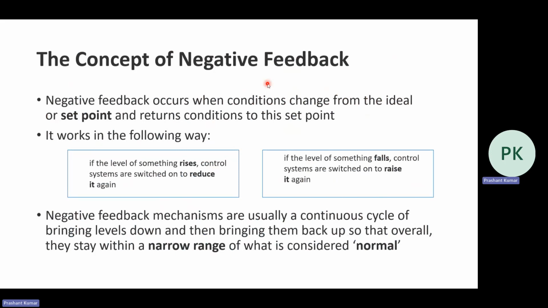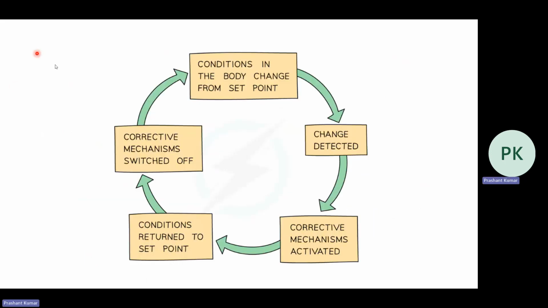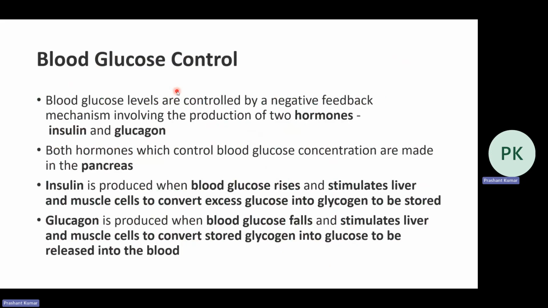Negative feedback mechanisms are usually a continuous and conditional cycle, which brings down and brings up so that overall they stay in a defined range. So like this, a condition in the body changes from the set value. The hypothalamus detects the change and the corrective mechanism brings it back to normal. When the condition reaches the set value, the corrective mechanism switches off. But again, a situation will come where something is going to disturb it and we have to bring it back to normal.